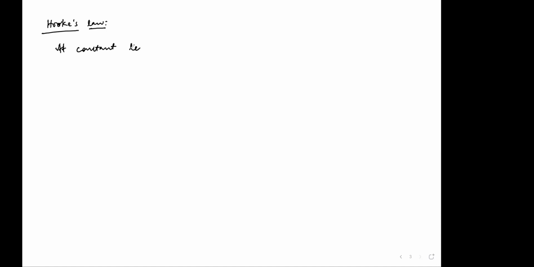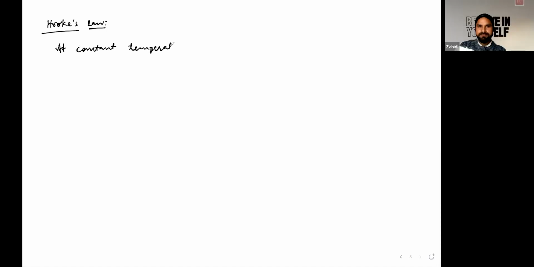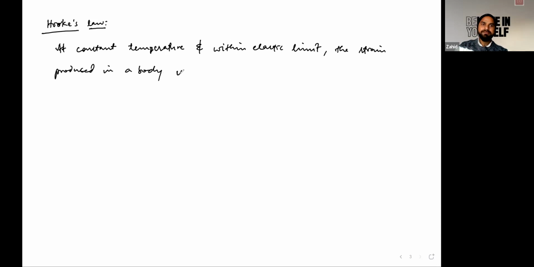So we can say, at constant temperature and within elastic limit, the strain produced in a body is directly proportional to the stress applied.